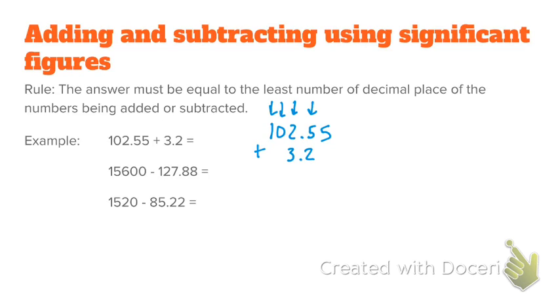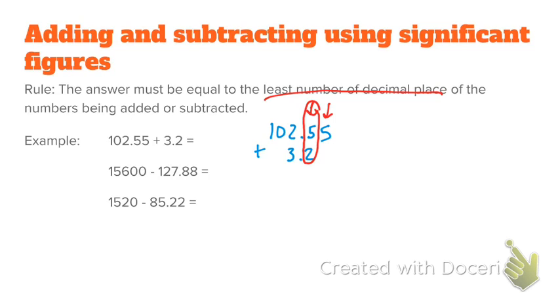What we'll notice is 3.2 only goes to the tenths place, whereas 102.55 goes to the hundredths place. So the least number of decimal places that both have in common is this one.